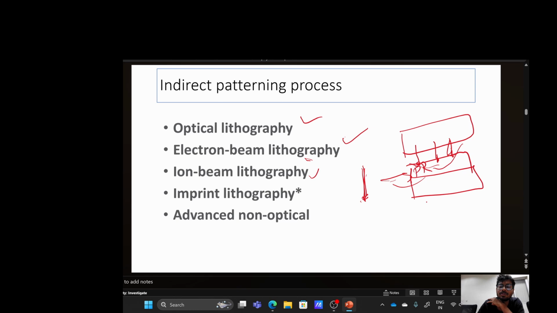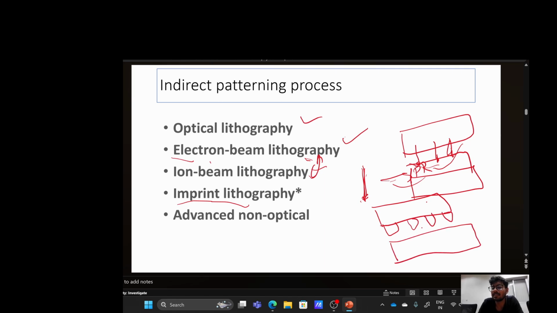Ion beam lithography does the same thing, but instead of electrons, you use ions. Then comes imprint lithography. As I told you, there is some mold type of thing. When we press it against the photoresist, it makes a hollow kind of thing here and here.